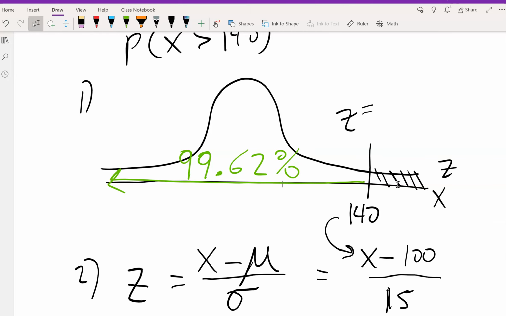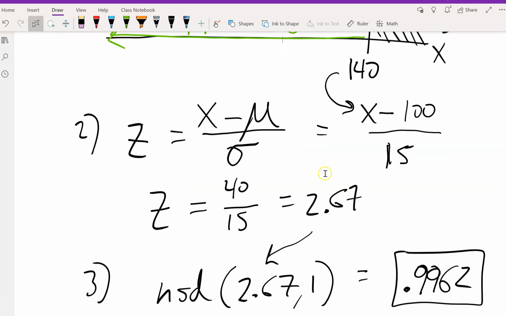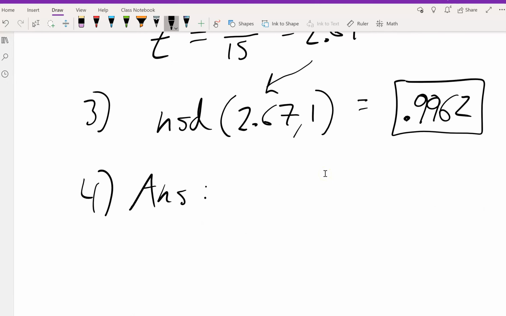Because again, the table or NORM.S.DIST gives you areas to the left. I don't care if you're looking at the table or if you're looking at Excel, NORM.S.DIST gives you the area to the left. Honestly, all the dot dist in Excel gives you the area to the left. That's a very nice thing. It always does the same thing. So when I'm doing a question about more than, I keep true to my principles. If I want more than, it's 1 minus the area below.